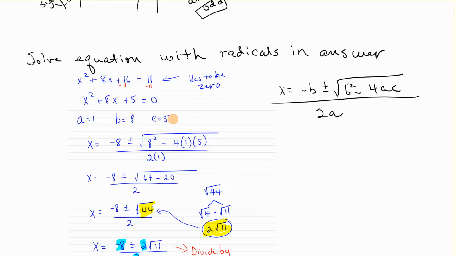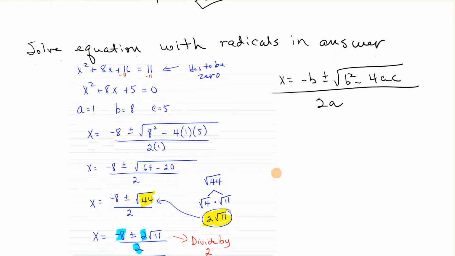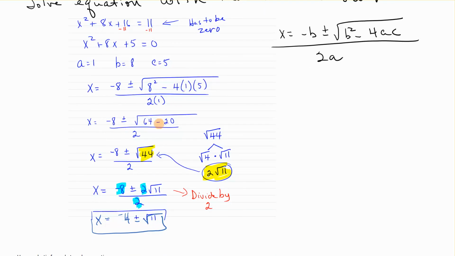So a, b, c. Then it's just a matter of plugging in. Now when you get down to negative 8 plus or minus the square root of 44 over 2, you want to look at this and think to yourself, is there a perfect square factor of 44? Well, over to the side, I've shown that. There is square root of 4 times square root of 11. The square root of 4 is 2, so that's 2 square roots of 11.